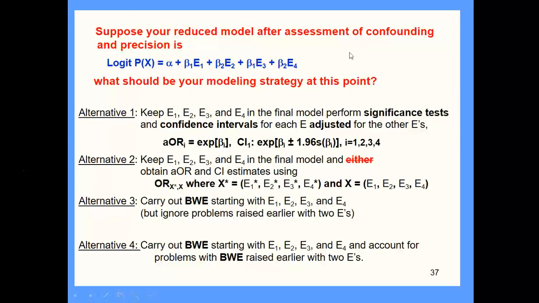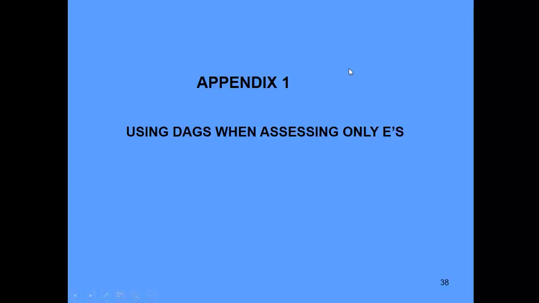So anyhow, if the reduced model after assessment is bigger and more complicated, that's really where I want to stop talking about several exposures. There's a strategy for that and there are some guidelines for that. It involves 2 different kinds of interaction, and I gave 2 alternatives. And what if you have only exposure variables in there and you don't have any V's?